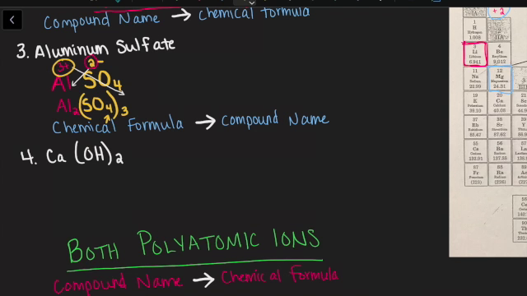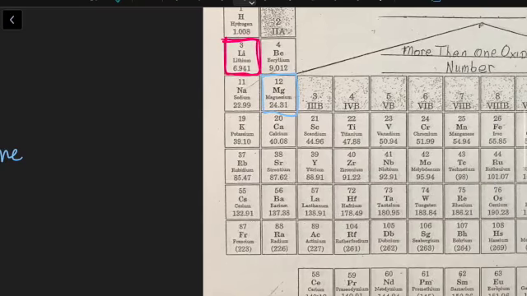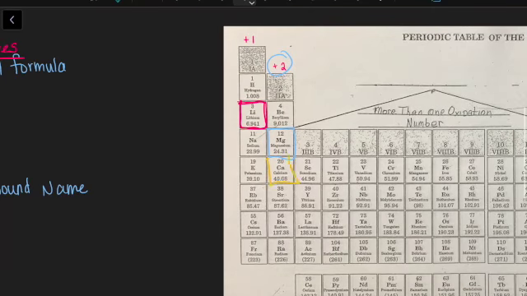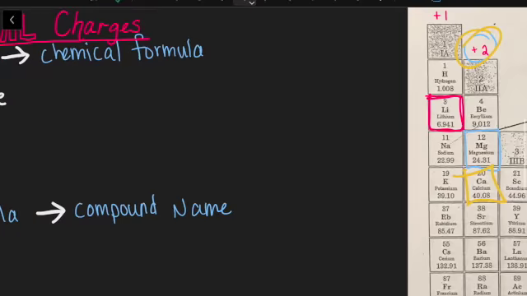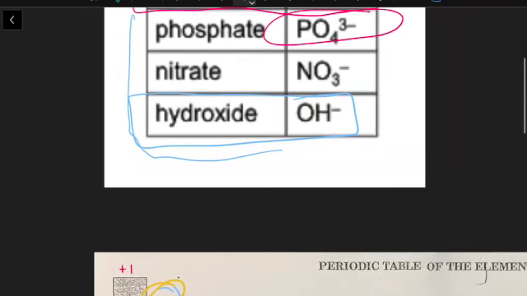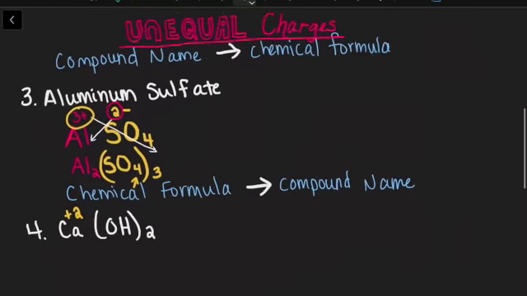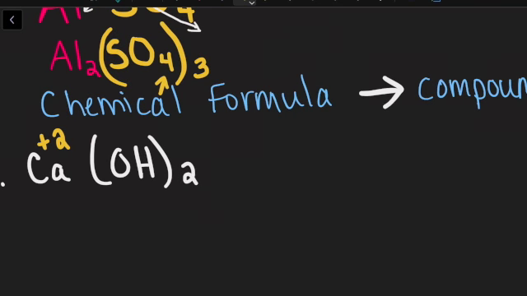Now let's look when we're given the chemical formula, and then we got to change it to the compound name. Calcium over here has a +2 charge. And we have 2 hydroxides. So let's look at the chart. 1 hydroxide is just 1 minus, but we have 2 of them, so we have a -2 charge.